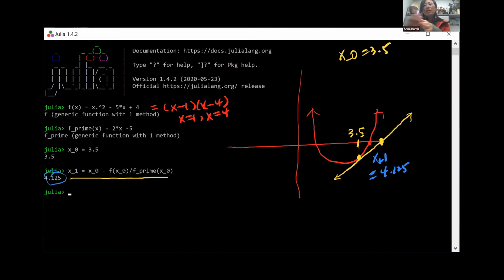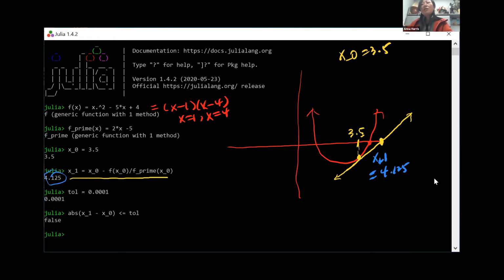Now I'm going to say my tolerance is equal to 0.0001. Let's see, it's the absolute value of the first number that I found minus the very first number that I'm starting with. Is that less than or equal to tolerance? It says false.